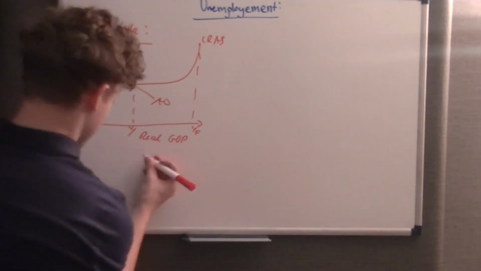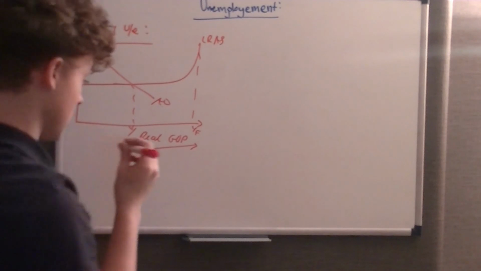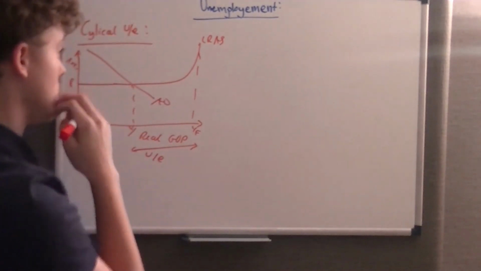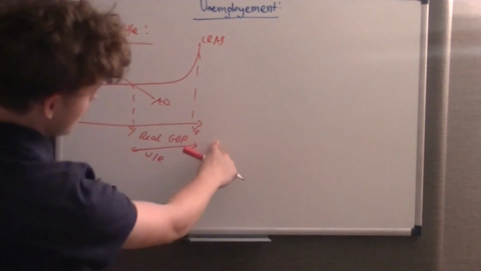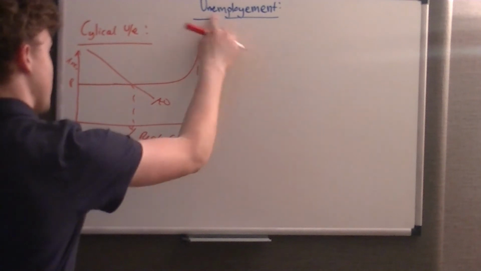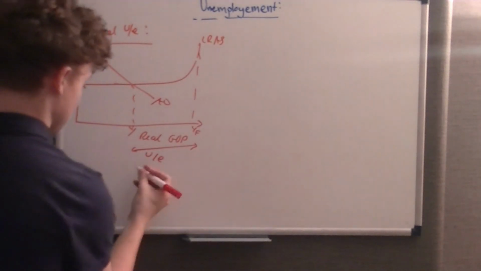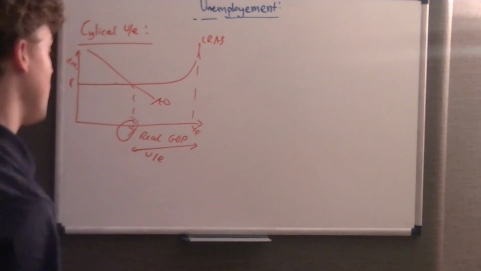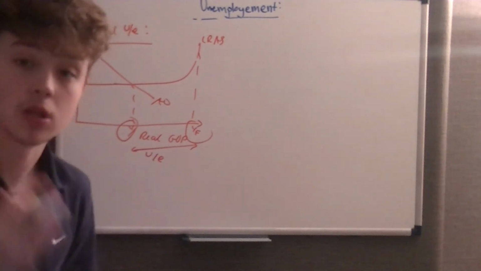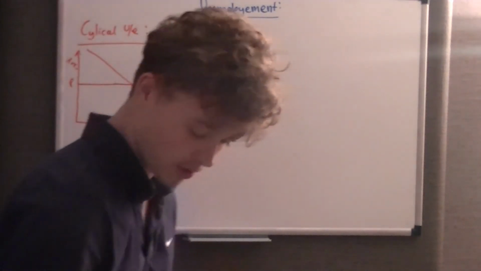You can say the difference between the maximum output and the real output is the cyclical unemployment. Basically, if there was full employment, we would be fully utilising our resources, as we would be at LRAS, but because the workers are not being utilised, we are at this point here, and the difference between these two points is cyclical unemployment, and that's bad.